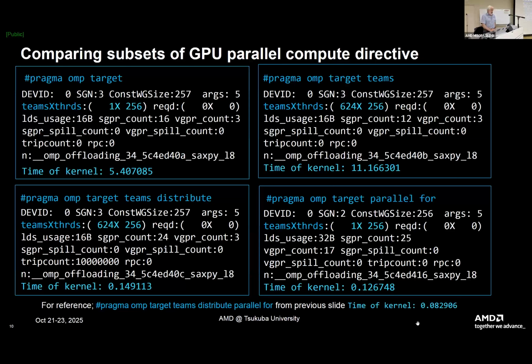And for comparison, the original with the full compute pragma was 0.08. And so there may be cases, I know I don't have that much work, and I'm not going to allocate as many work groups for that loop. So there may be cases where you do this, but it's rare. Okay, so everybody's starting to understand what all those clauses do to your compute pragma.